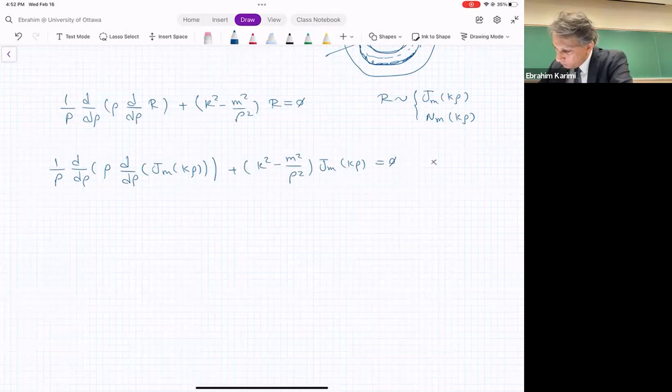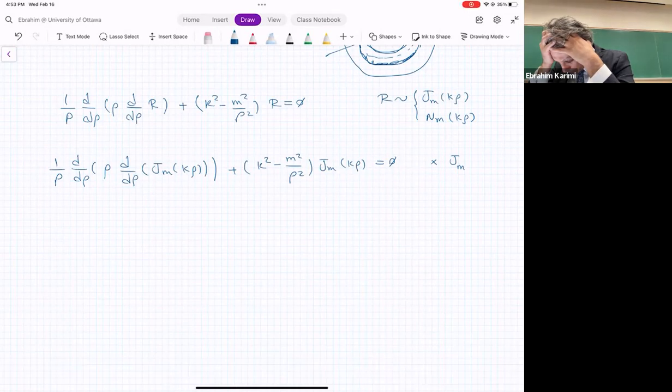I can multiply both sides by J. Let me think a little bit. Which sort of orthogonality am I going to prove? Because there are three forms of orthogonality.